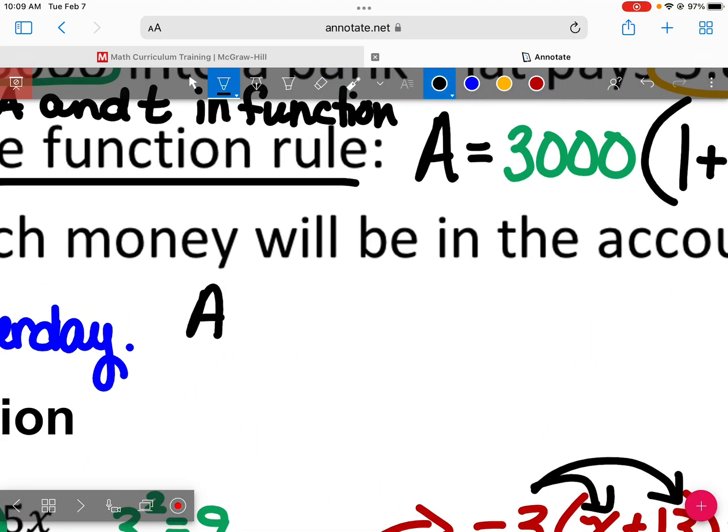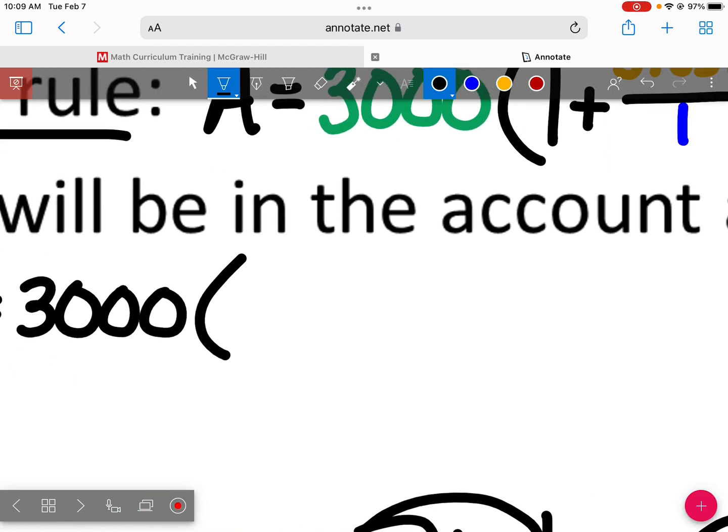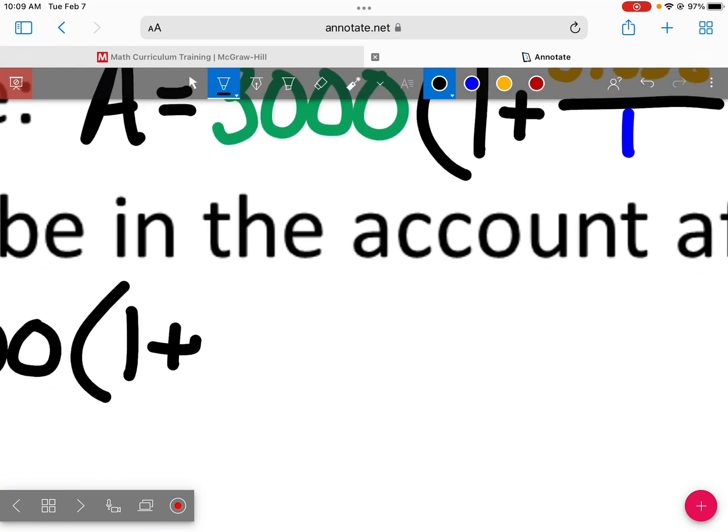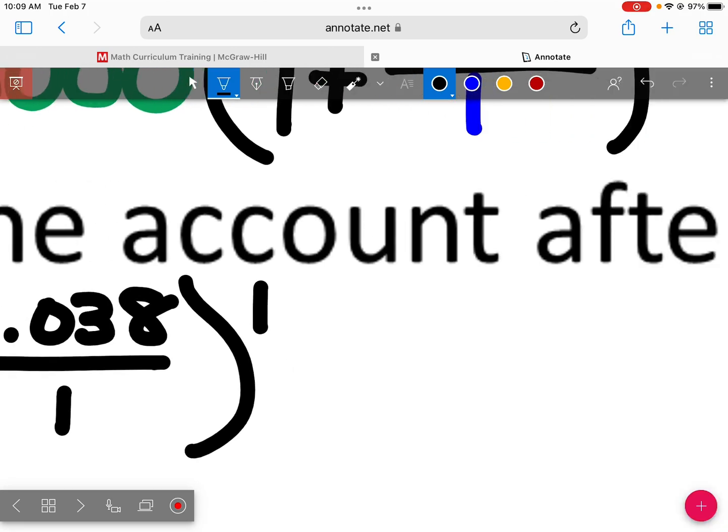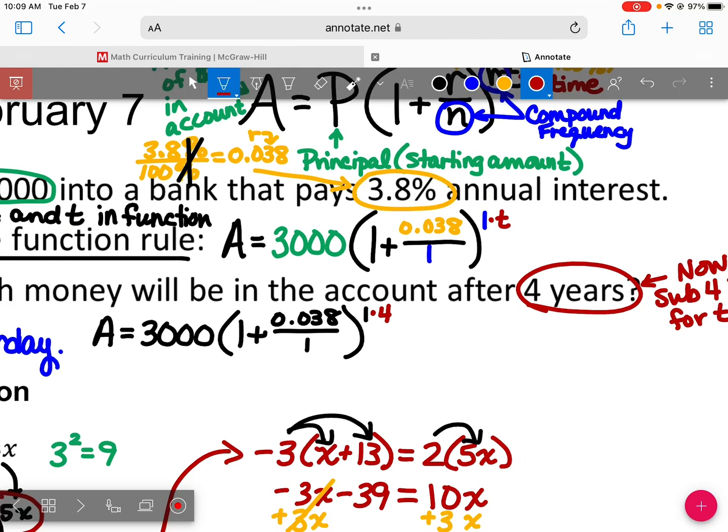So I have A equals 3,000, and then parentheses, 1 plus 0.038 over 1, to the power of 1 times 4. What is 1 times 4? 4.